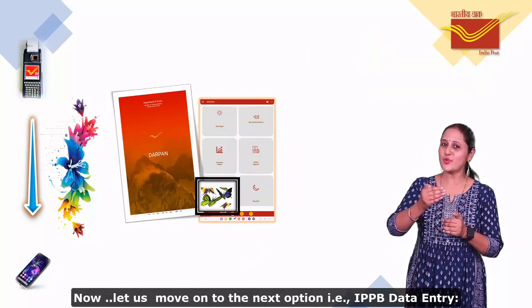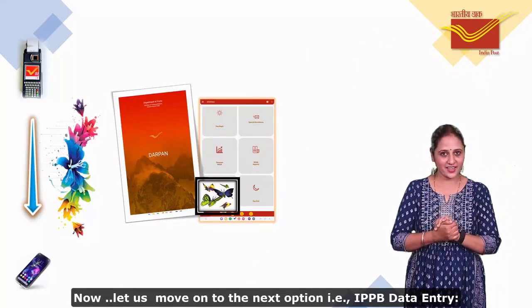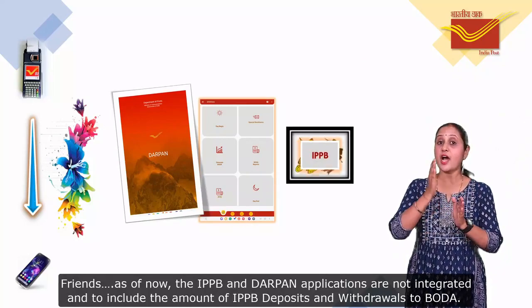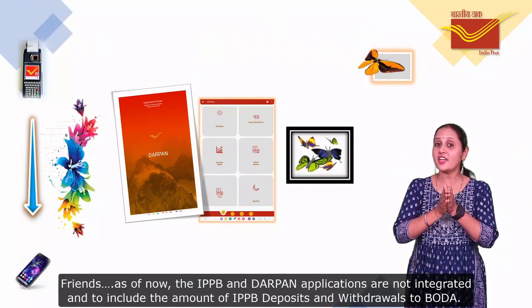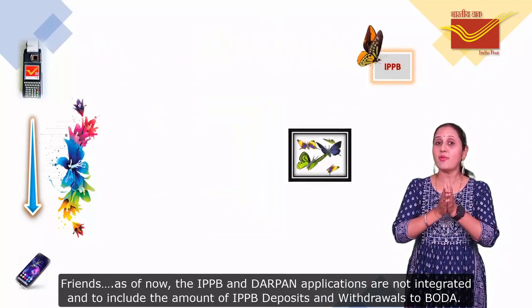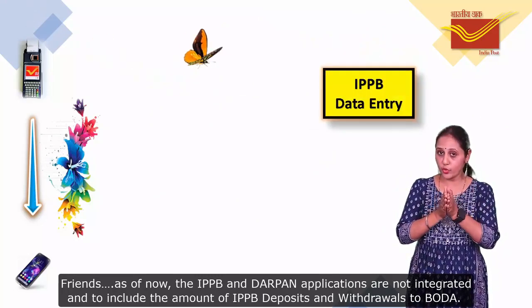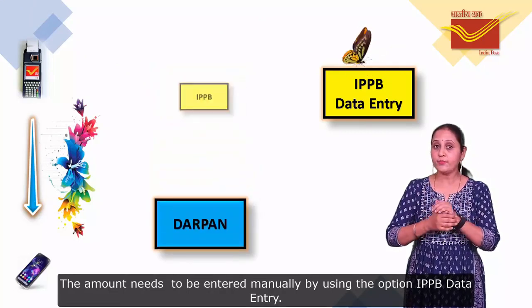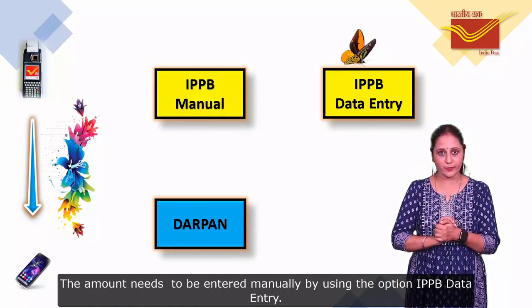Now let us move on to the next option, that is IPPB data entry. Friends, as of now, the IPPB and Darpan applications are not integrated, and to include the amount of the IPPB deposits and withdrawals in the BODA, the amount needs to be entered manually using the option IPPB data entry.